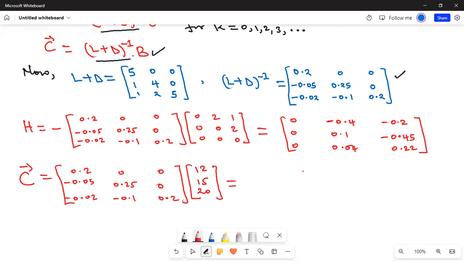When you work this out, you need to get C equal to 2.4, 3.15, 2.26.